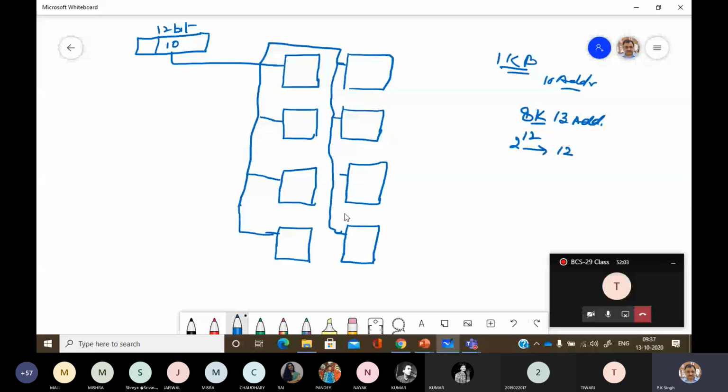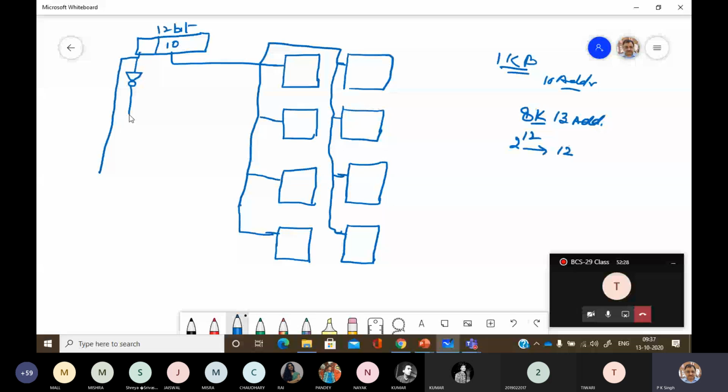And the remaining 2 bits, through an inverter, are used by the decoder.